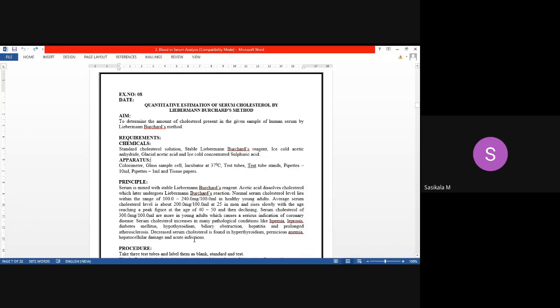Already we have discussed pathological conditions of cholesterol. You can quote the same disorders with description here, along with other diseases also. You know what diabetes mellitus and atherosclerosis are. Decreased serum cholesterol level is found in hyperthyroidism, pernicious anemia, hepatocellular damage and acute infections. So these are all pathological indications, the clinical significance of cholesterol.